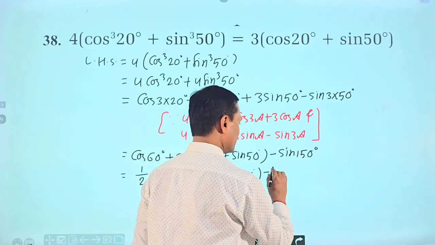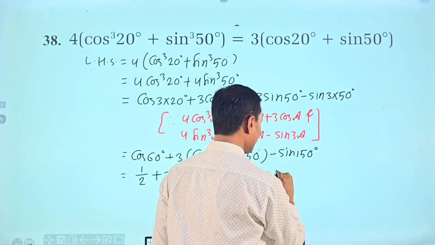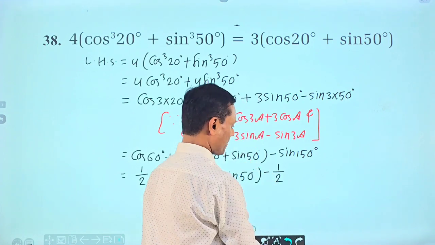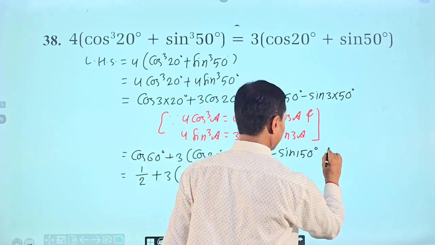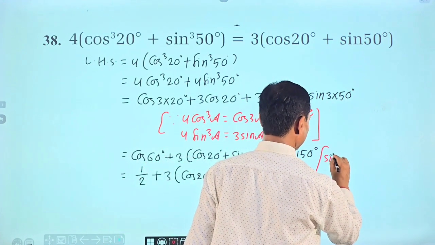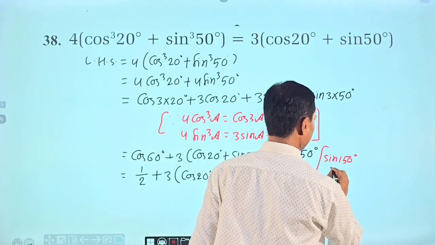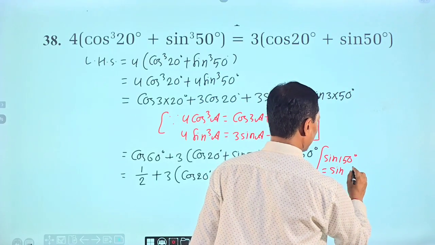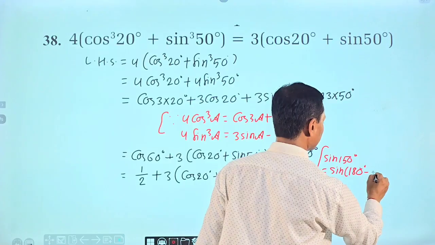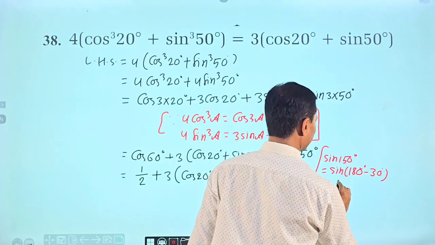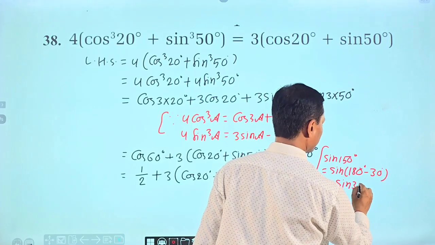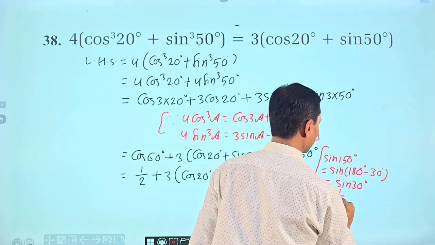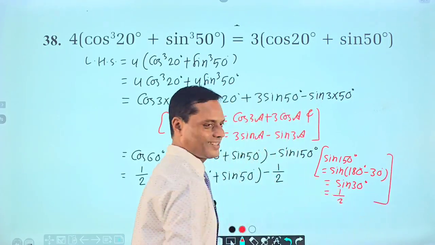So sine 30 degree means 1 by 2. See carefully here.